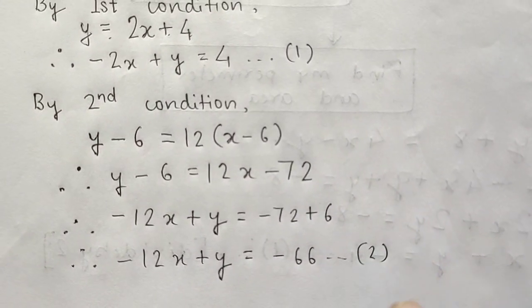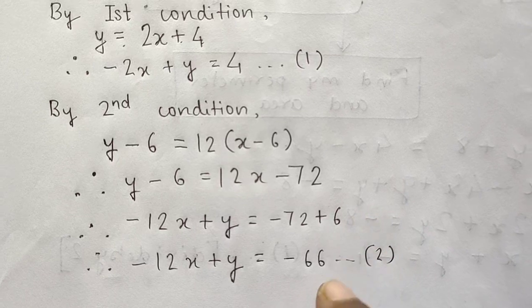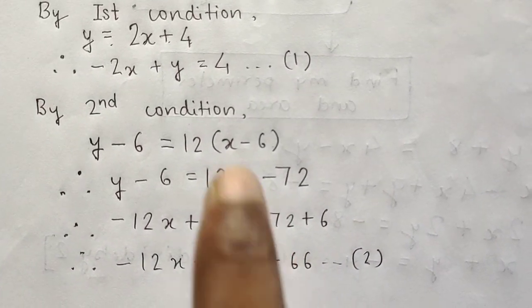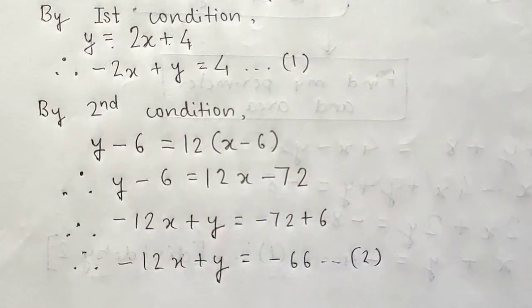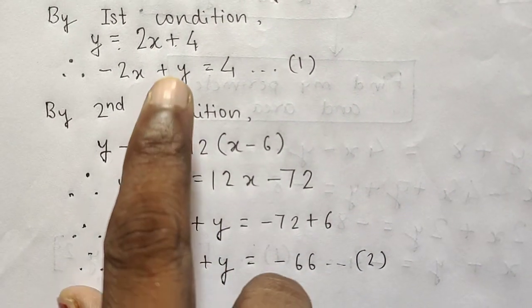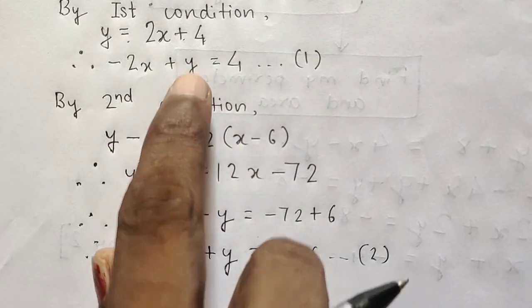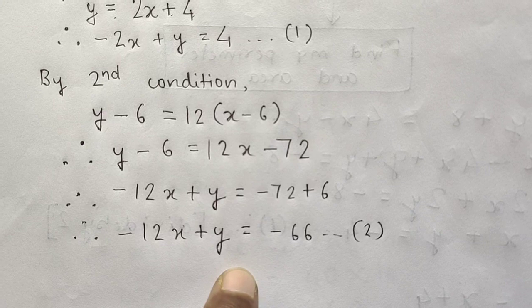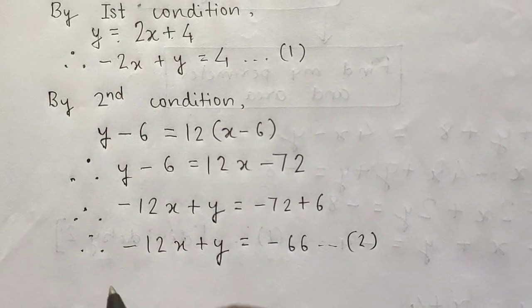You know why minus 66? Because if you subtract, you will get 66 and the bigger number is negative. Now what you have to do? You have to solve equation 1 and equation 2 simultaneously. And you know the y terms are both positive, so we have to subtract. So let us subtract equation 2 from equation 1.